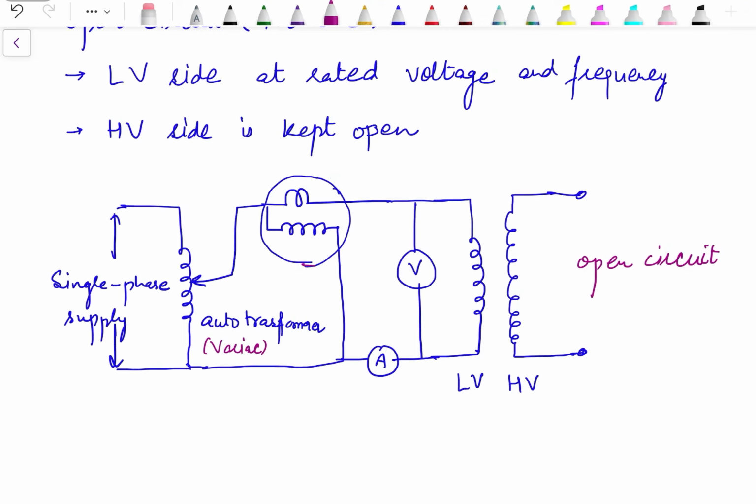So here we have the wattmeter which will give us the value of power at no load. The ammeter will give us the value of current at no load, and voltmeter will give us the reading of no load voltage or the rated voltage of the low voltage winding, since the test is conducted at rated voltage. So we will have the readings of three instruments, that is ammeter, voltmeter and wattmeter.